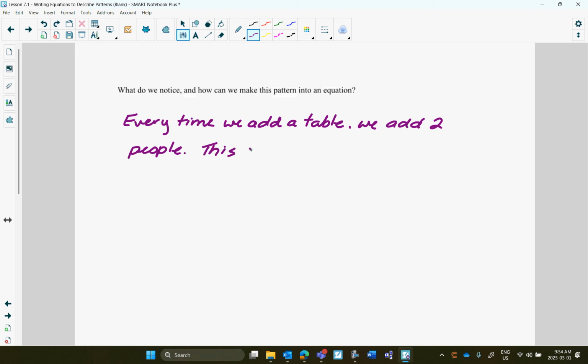This suggests in our equation that we should multiply by 2.